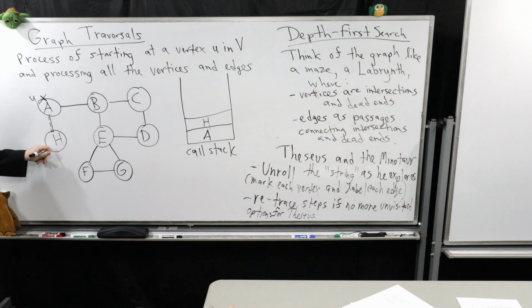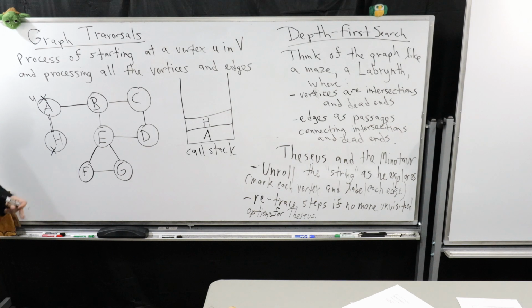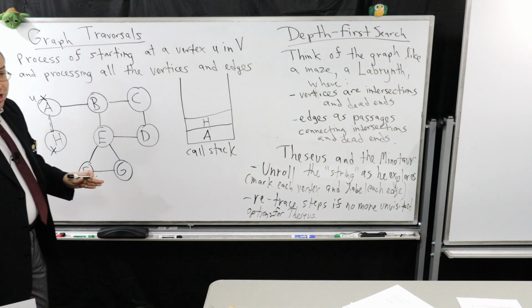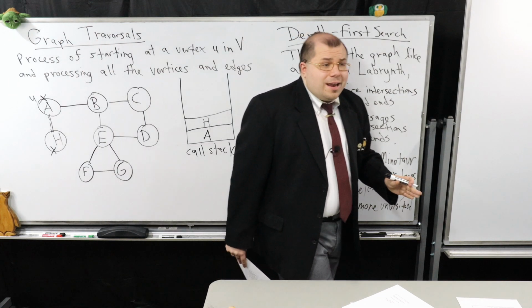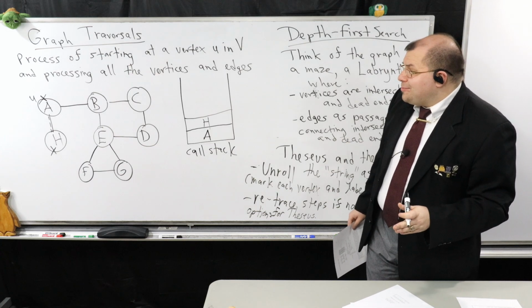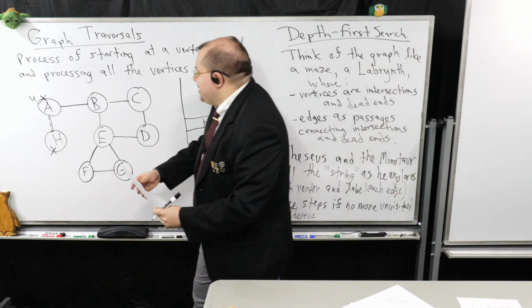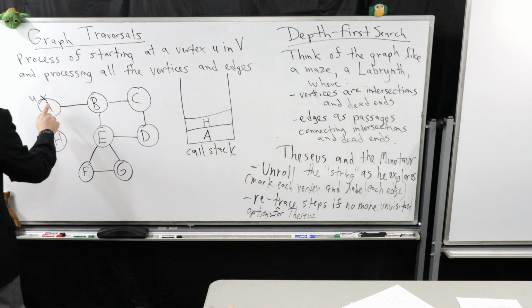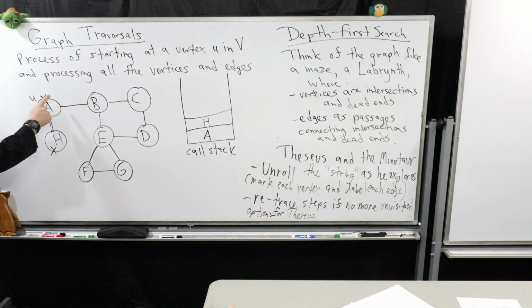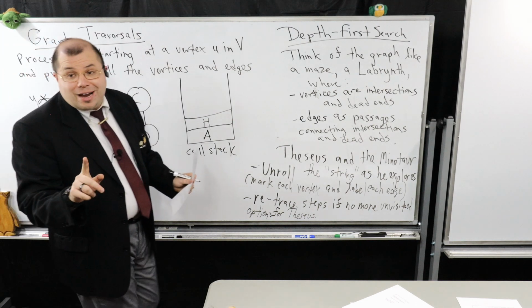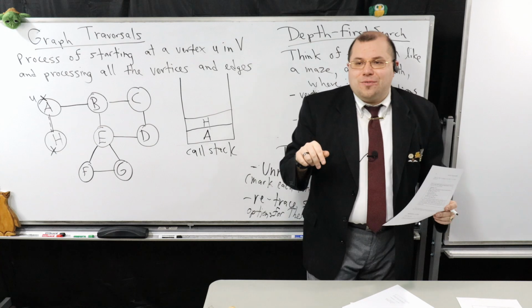Remember what I said at first? I'm going to mark where I've arrived. And then I look at all of my incident edges. Now you might ask, Dan, you don't have any edges that aren't labeled, right? Because when I look at my incident edges, notice that this one is already marked. That means I shouldn't go back in that direction and treat it like I've never been there before.